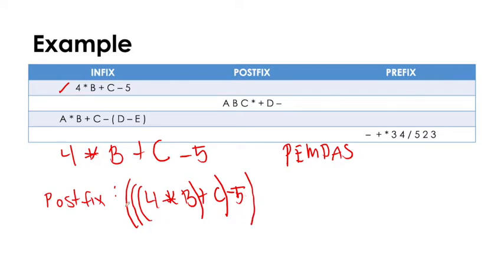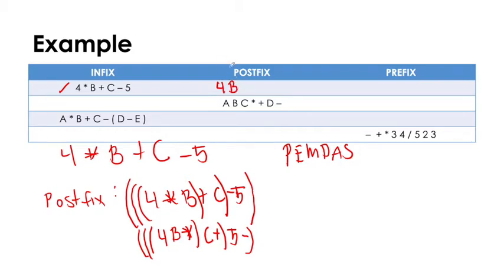So after that, since this is a postfix, we will now move the operators enclosed inside the parentheses to the end. So 4b times, and then next we have c, move it to the end, and then lastly we have 5 and move it to the end.